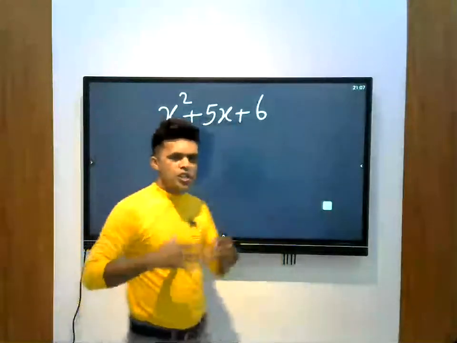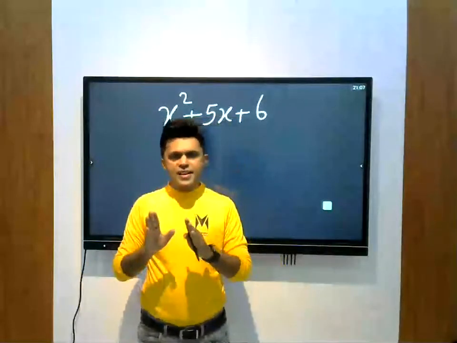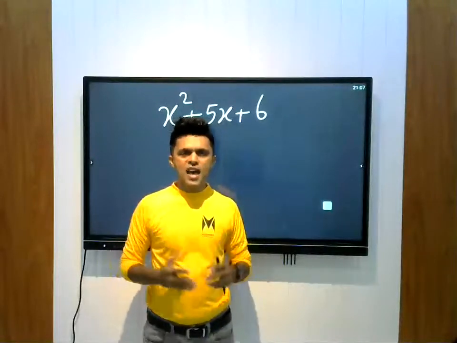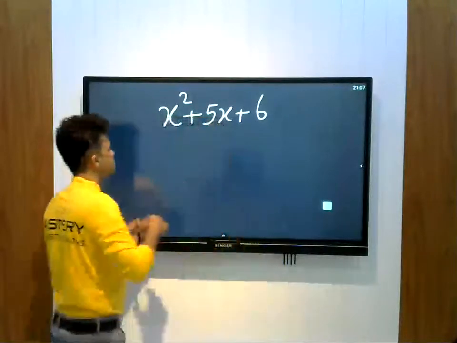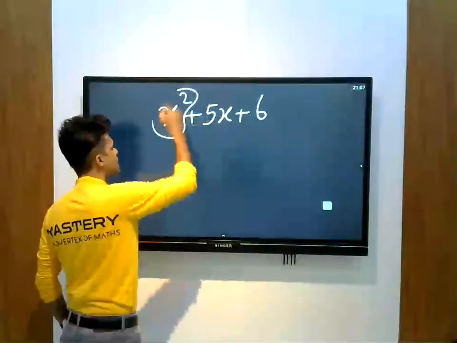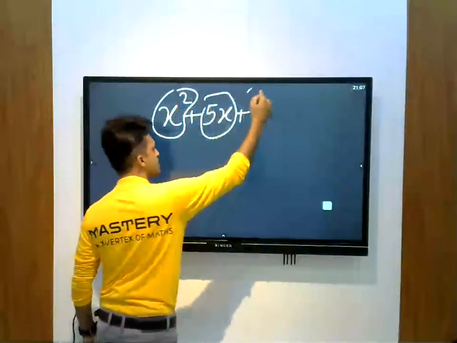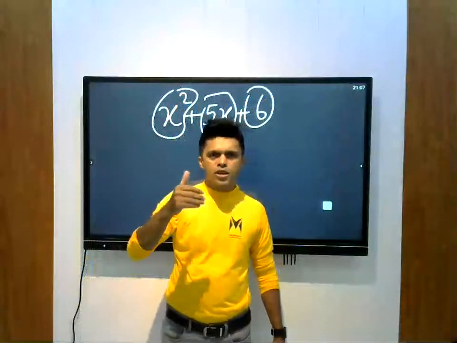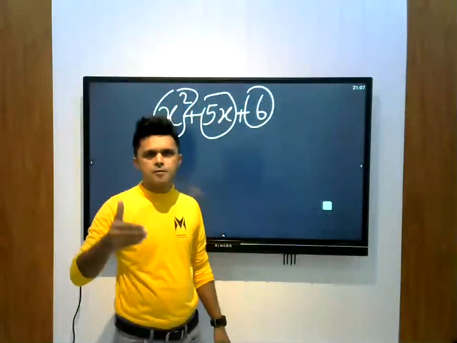First of all, I need to teach you what a quadratic expression is. When it comes to a quadratic expression, you could see that here there are three terms. We consider that here is a term, here is a term, here is a term. There are three terms. So here is a quadratic expression.